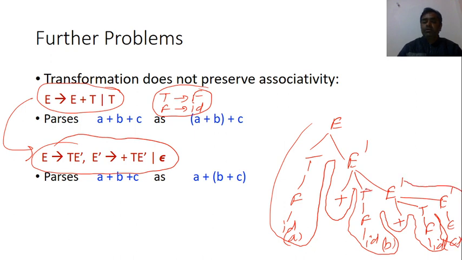Here I have got the value of T and the value of E prime. Now at this point this plus will be evaluated. So this plus will be evaluated first. Then when we go to E, this plus will be evaluated. So here I am evaluating first B plus C, then A. So when I am removing the left recursion from the grammar, the associativity changed.